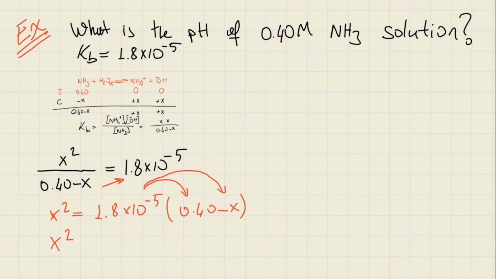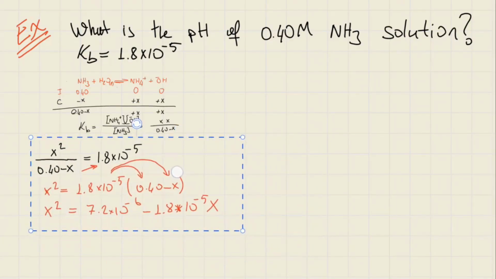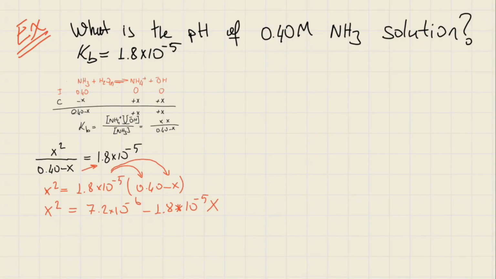So x squared will be equal to 7.2 times 10 to the minus 6 minus 1.8 times 10 to the minus 5 x. I know this value since I have already made the calculation. I just want to make it fast since this video became very long.